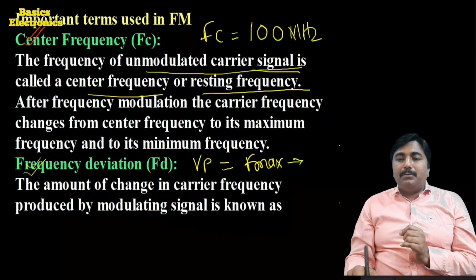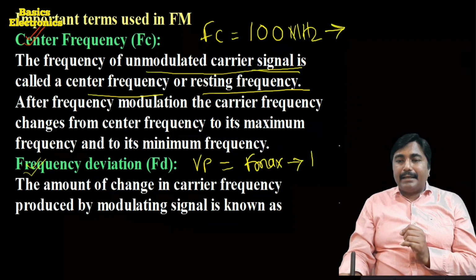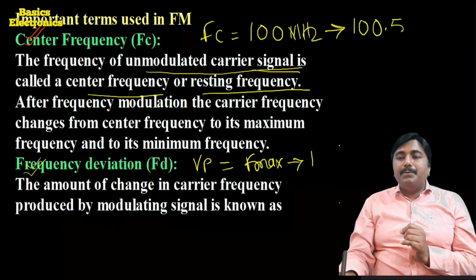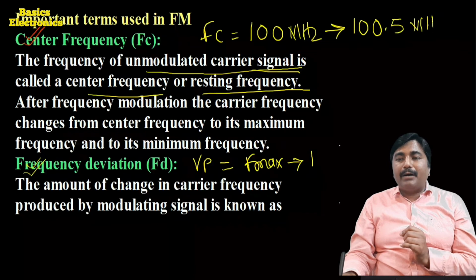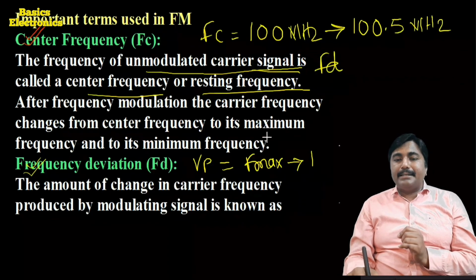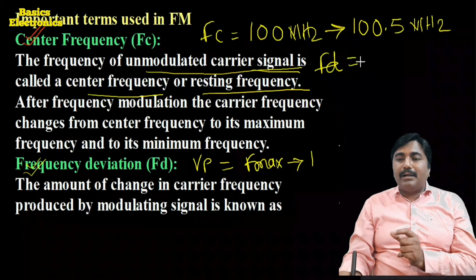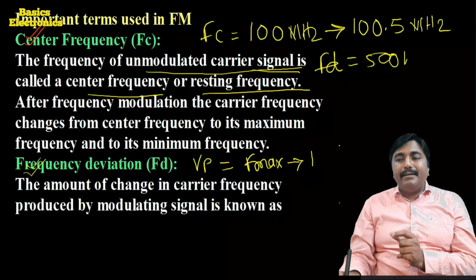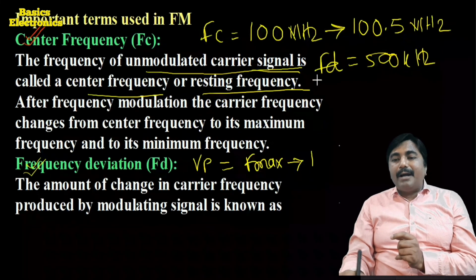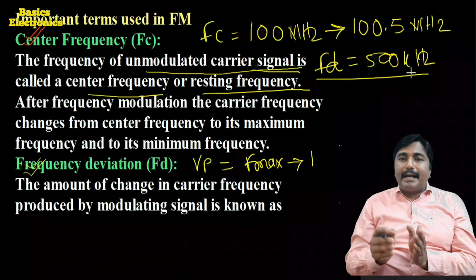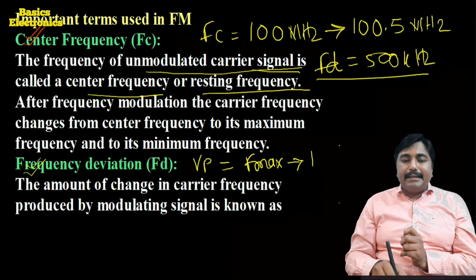The maximum frequency is supposed to be 100.5 megahertz. Then the frequency deviation, the amount of change in frequency, is equal to 500 kilohertz. The 500 kilohertz we call the frequency deviation.